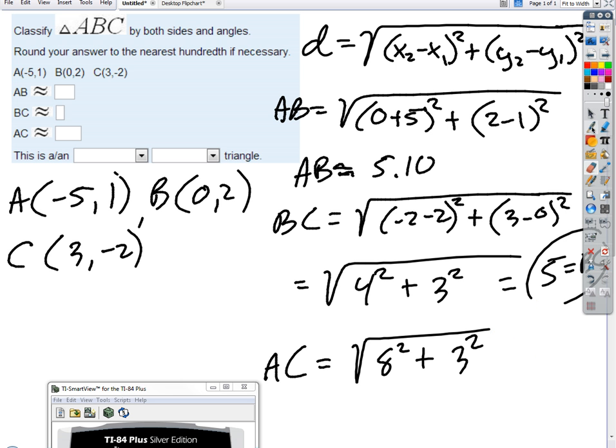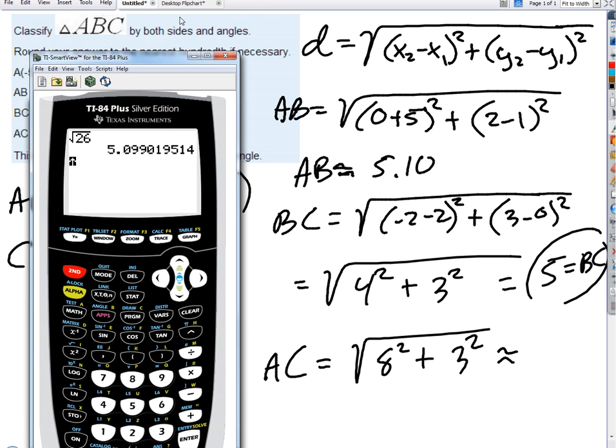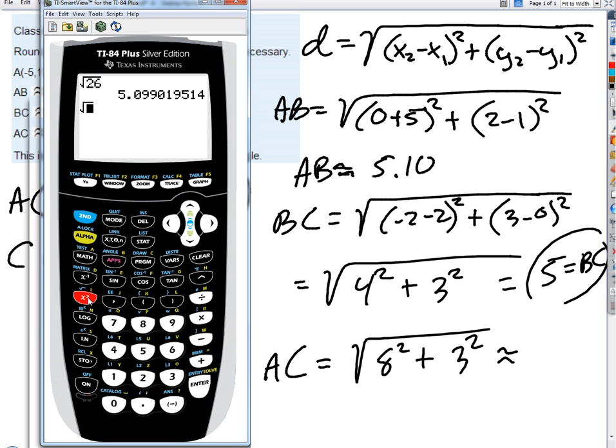You with me on this? Am I going too fast? No. We good? Okay, so then that's equal to what? 64 plus 9 is 73? Square root of 73? So about 8.54.